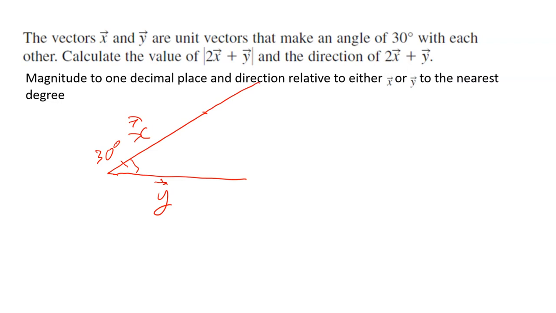What would be the magnitude of the vector if it was multiplied by 2? Well, the original vector was a unit vector, so this vector can be regarded as being 2 units long. The vector down here, which is a unit vector, didn't change, so that's going to be 1 unit long. Now we're trying to find the magnitude of the result of adding these two together.